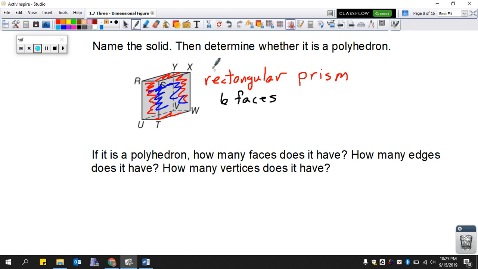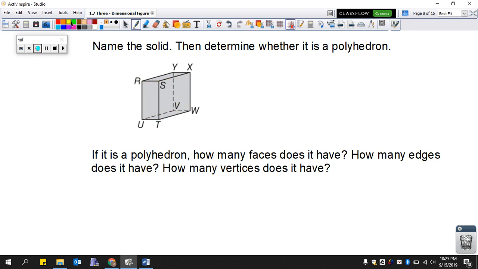How many edges does it have? Well, let's see. We have 1, 2, 3, 4 edges along the top. Same 4 edges along the bottom, so that's 8. And then you have 4 edges that connect the top and the bottom.